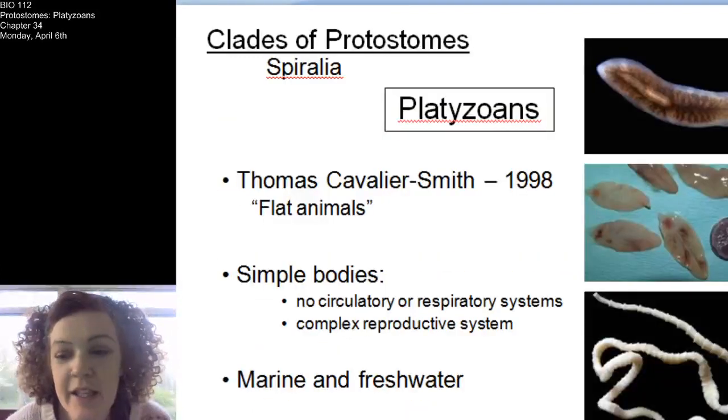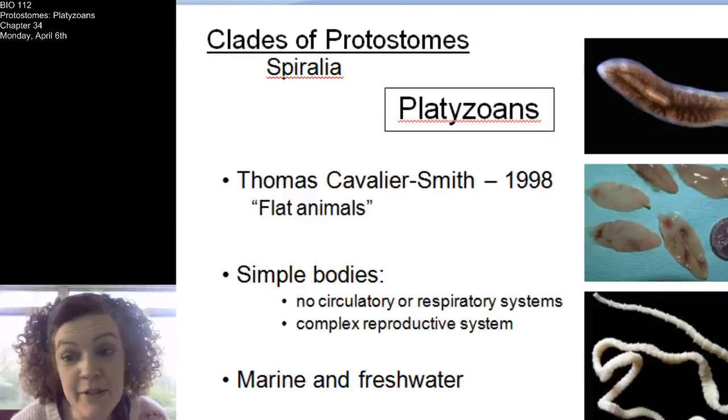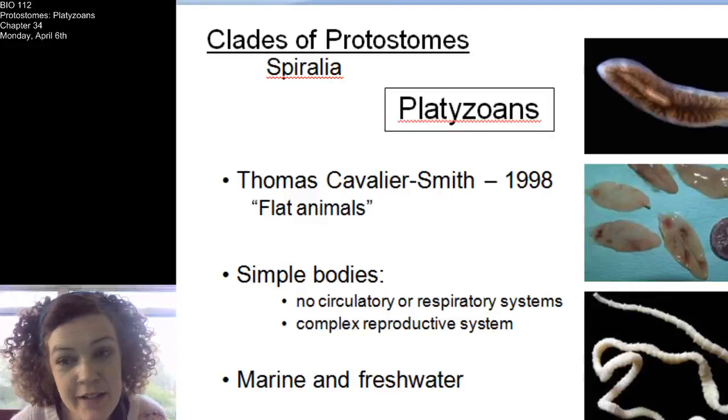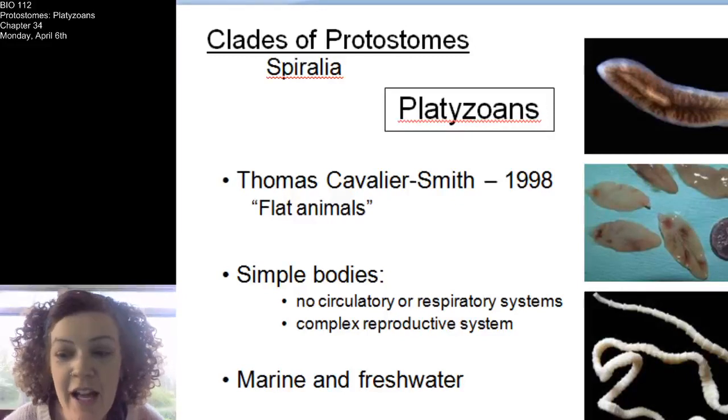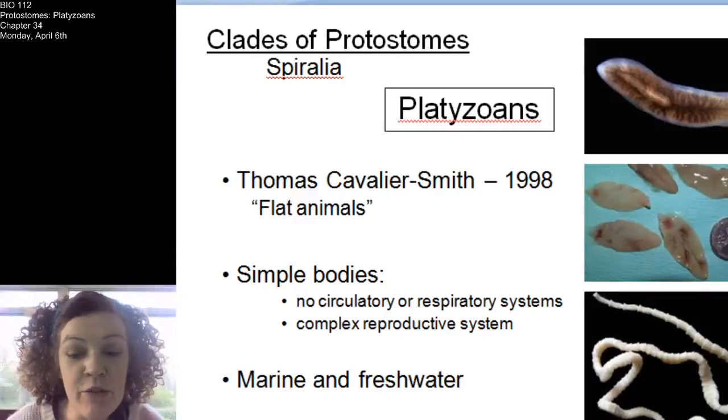So these guys get their name because platyzoan, platy means flat, zoa is animal, right? So they were given this name to mean flat animals. And they're pretty simple. They do not have circulatory systems. They don't have respiratory systems.